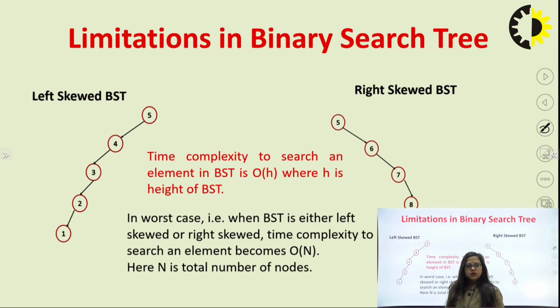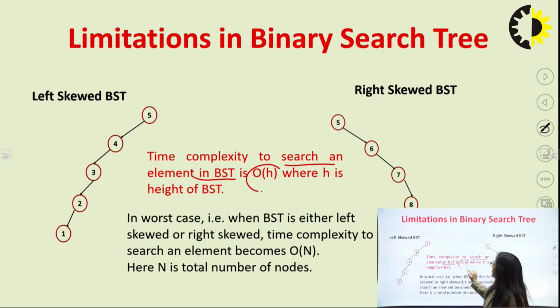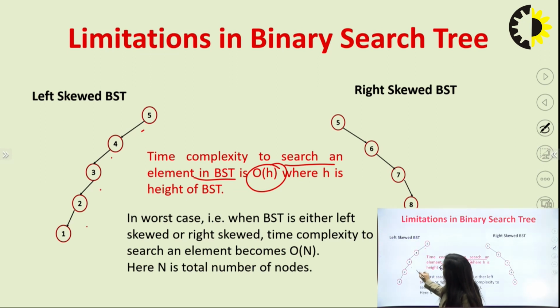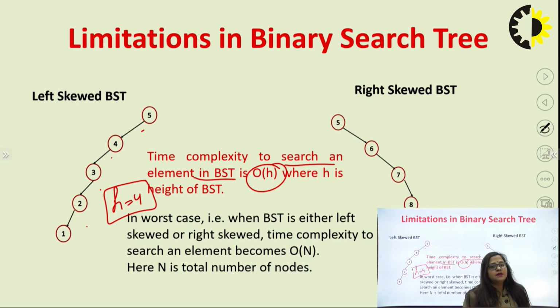So it is a BST. But the time complexity to search an element in this BST is big O of the height. Let's suppose 1, 2, 3, 4, so the height of this tree is 4. So the time complexity increases here.